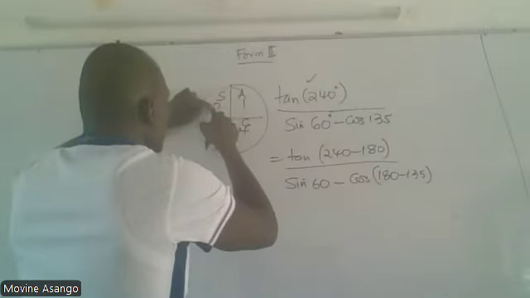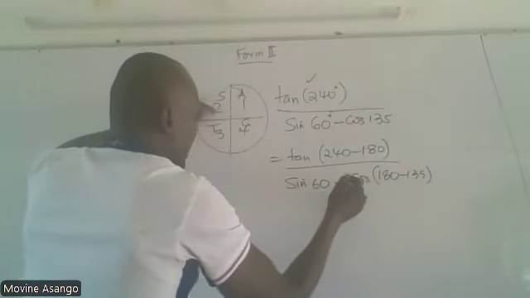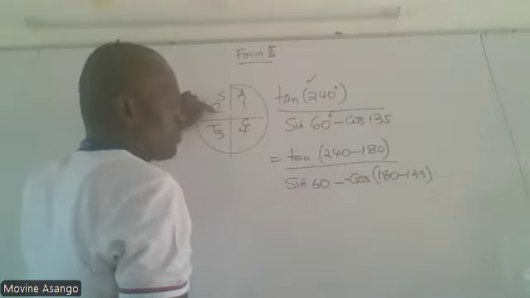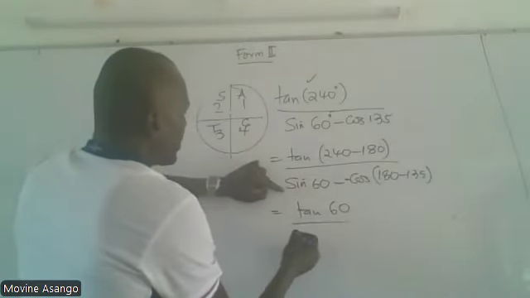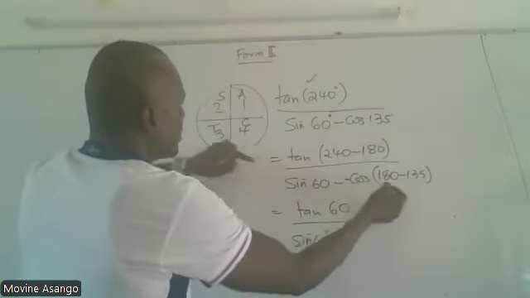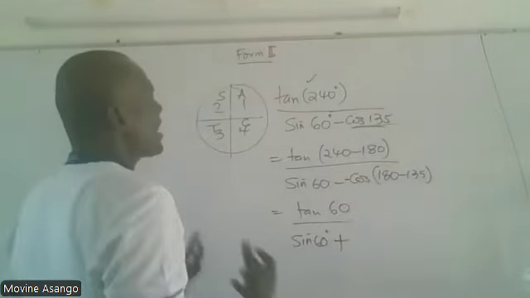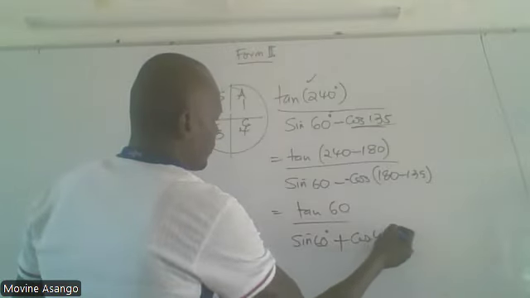And in the second quadrant, cos is negative. So we are talking about tan of 60 over sin 60 plus, because the cos of 135 is negative, so plus cos of 45.